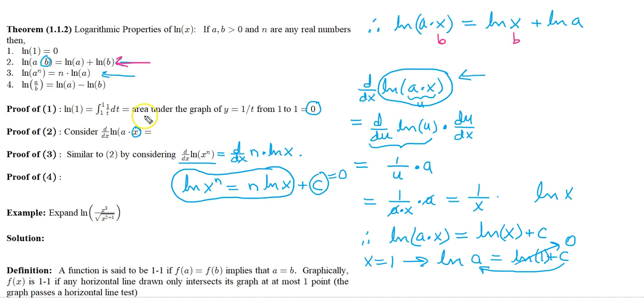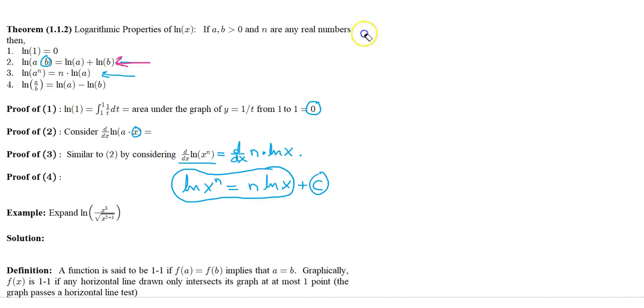Now the proof of part 4 is pretty easy. Once we have 1, 2, and 3, the proof of part 4 goes like this.